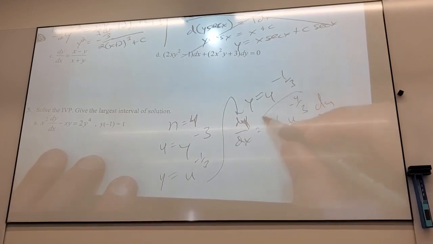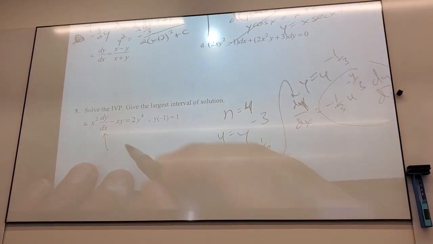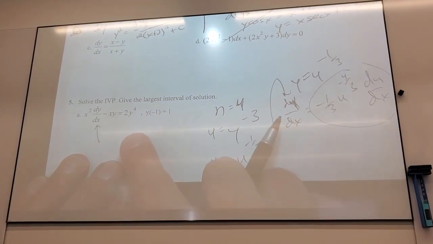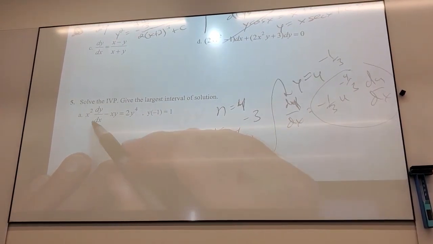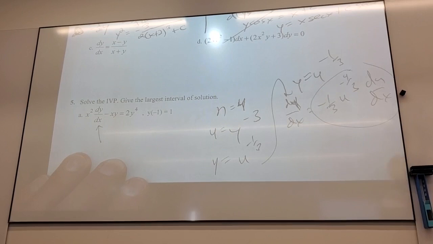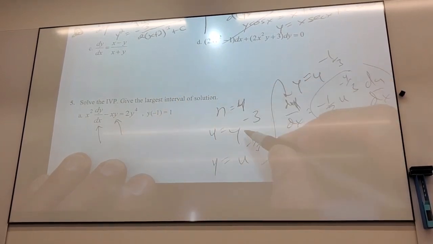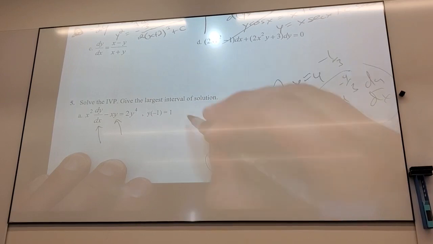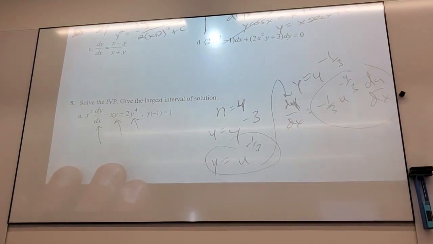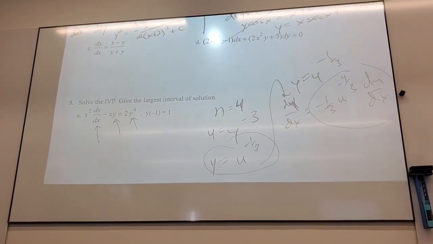So you would put this entire thing in for this. At some point you want to divide by that x squared, right? And then this can go in for y in these two places. So it's just like any substitution method.